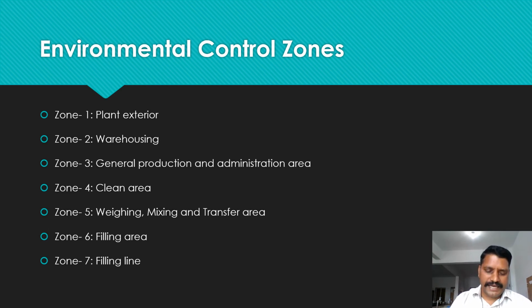Next, zone 4, a clean area. It is an intermediate area between the general production area and the controlled environment area. This area is mainly used for the washing and preparation of equipment, and for accumulation and sampling of the filled product.